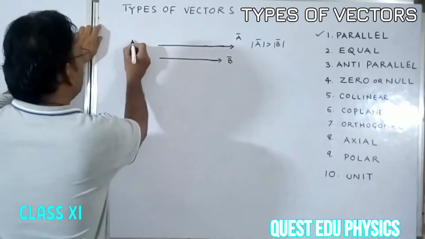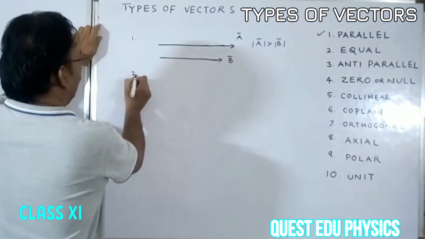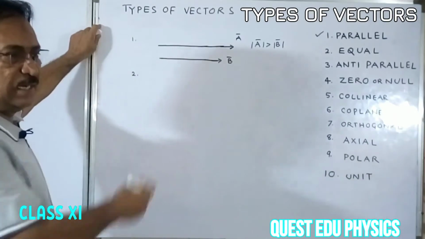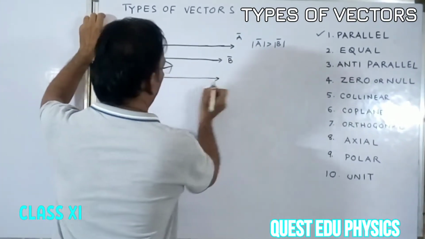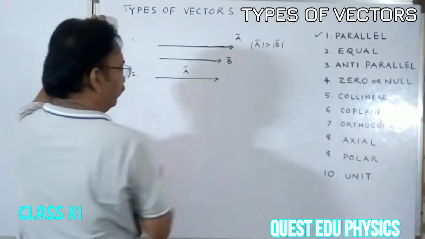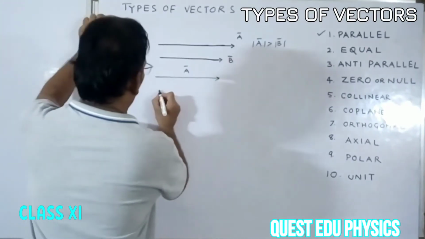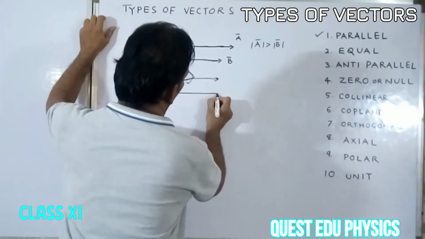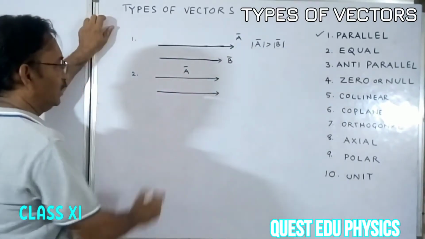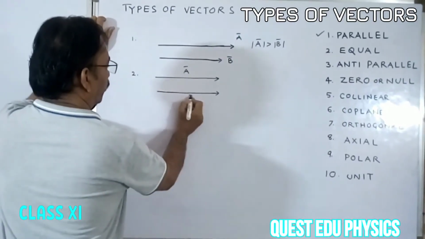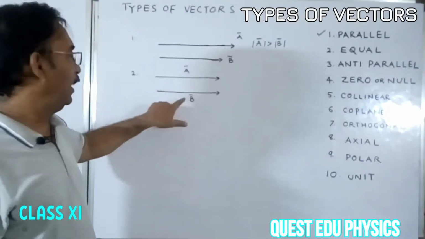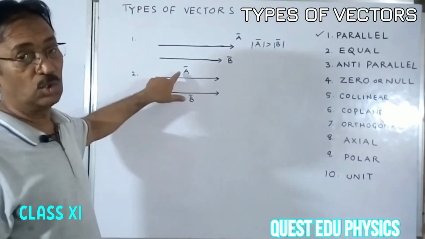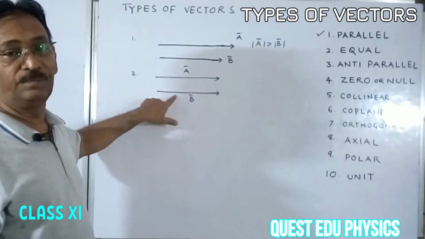Then we come to the second, equal vectors. This is just an extension of this. Let's say it's a vector A bar, and we have one more, B bar. These two vectors are said to be equal vectors, and they are also parallel vectors.